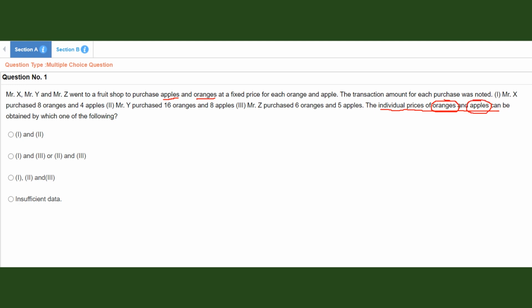When we find two variables, we make simultaneous equations in linear variables. We use two equations to find out the value for each variable.